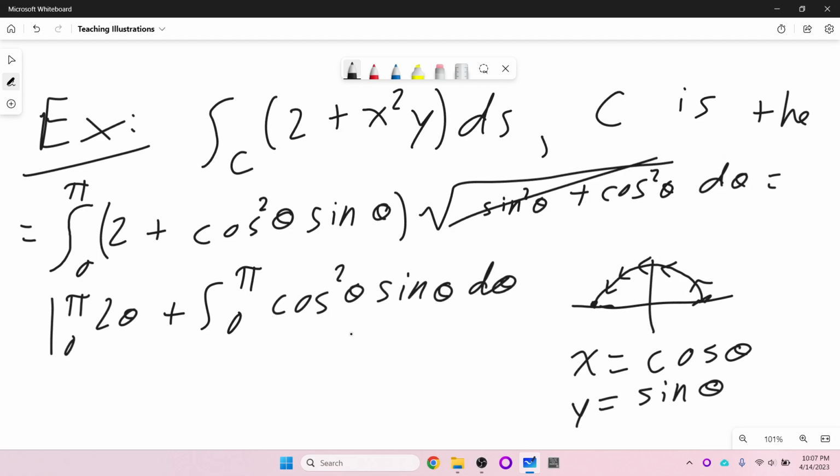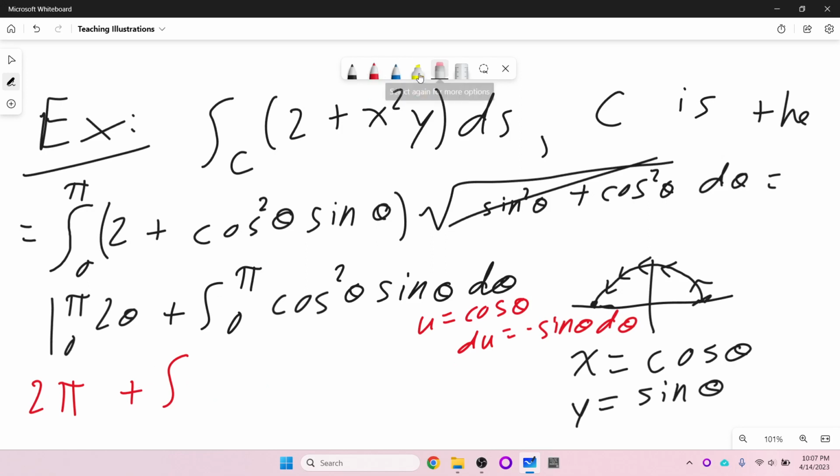This is a u sub problem now, isn't it? We will say, okay, this first part will become 2 pi plus, and for this integral, let's let u equal cosine theta, du is negative sine theta d theta. So we get negative integral of u squared du.